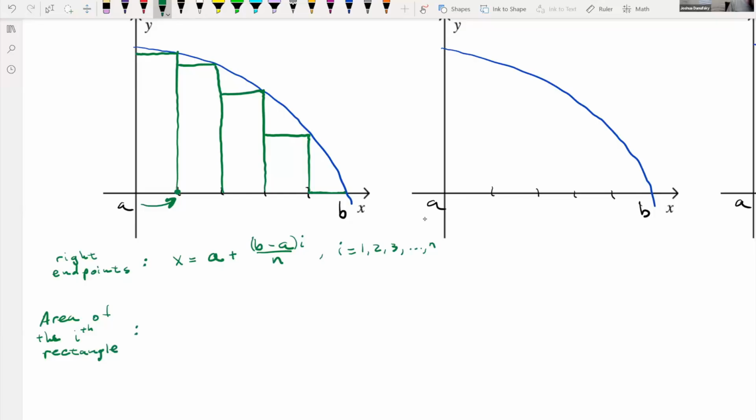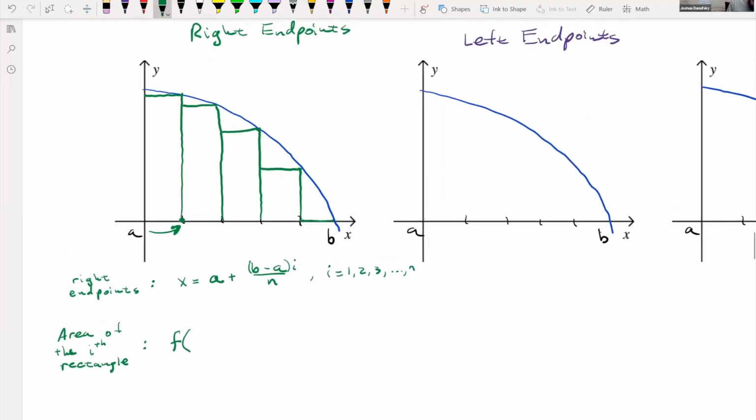Well, we're going to evaluate the function at the right endpoints, right? We're doing right endpoints here, which is a plus b minus a times i over n. That's going to be f of that right endpoint. And then we're going to multiply that by the width, which is delta x.